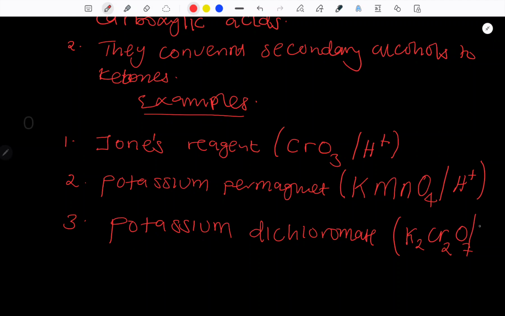It also goes hand in hand with an acid. So those are the common strong oxidizing agents.